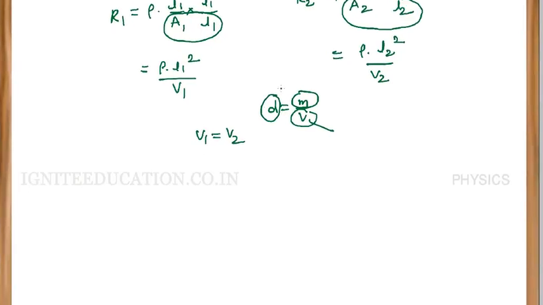Now I am taking the ratio of these two resistances R1 and R2. So R2 by R1 is equal to, finally the rho gets cancelled, so I will get L2 square by L1 square.